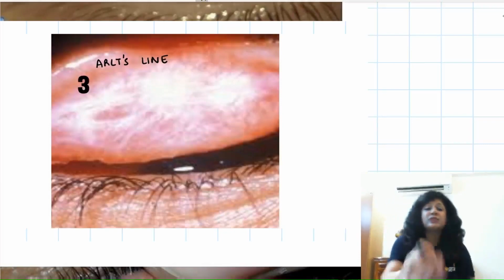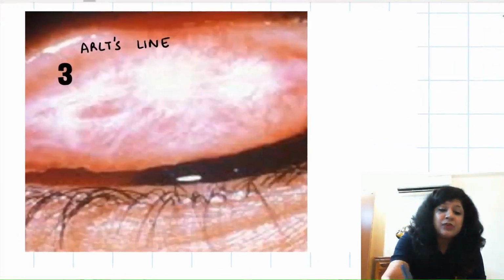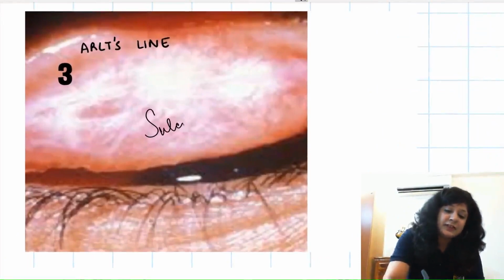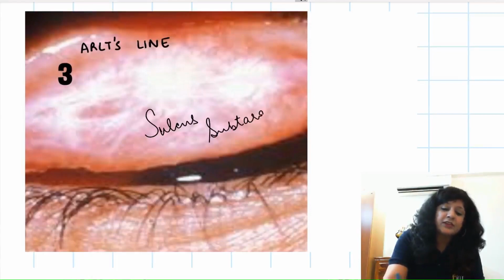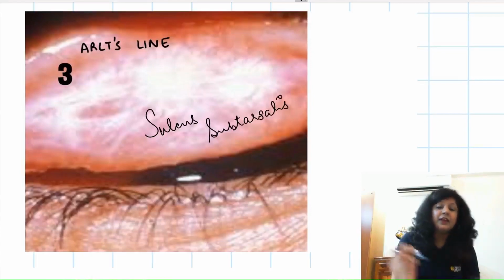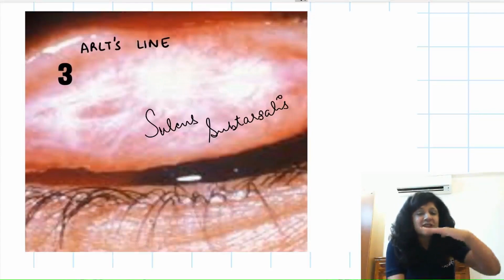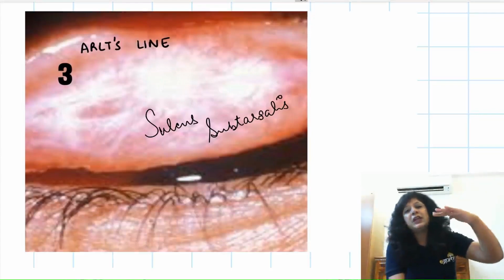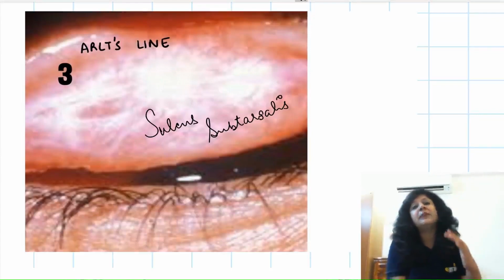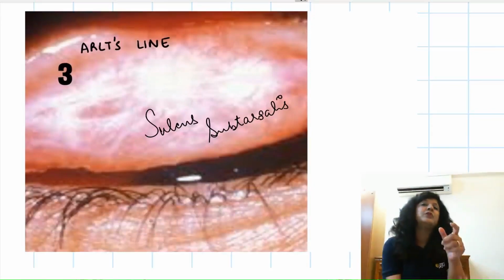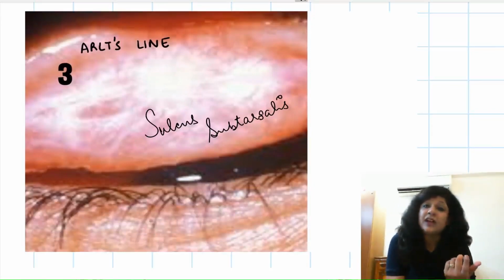This fibrosis, when typically found in the sulcus subtarsalis, then it is called as the Arlt's line. Sulcus, you know already what is sulcus. Subtarsalis, a very fine sulcus is present below the tarsal plate, that is called as sulcus subtarsalis. If you are getting fibrosis exactly there, that is called as Arlt's line.